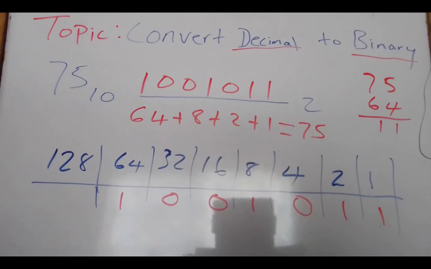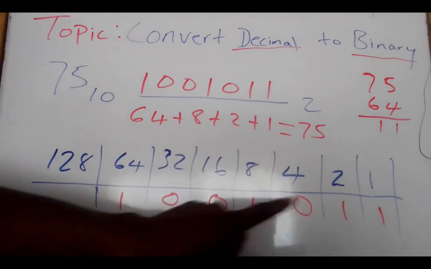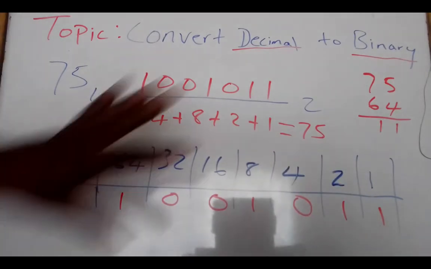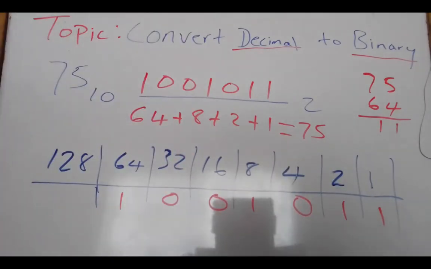So when you type in 75 in the computer, this is what the computer reads it as: 1, 0, 0, 1, 0, 1, 1. This is how you convert a base 10 number to base 2. These are the numbers that your computer understands.